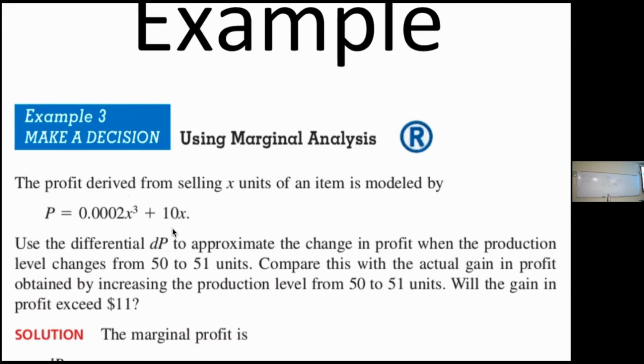Well, first, this is already the function we want to work with, right? So we're going to have to take the derivative of that. Working this all out on the board, we've got P is equal to a stupidly small decimal, 0.0002 x cubed plus 10x.